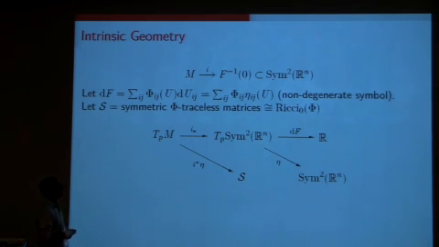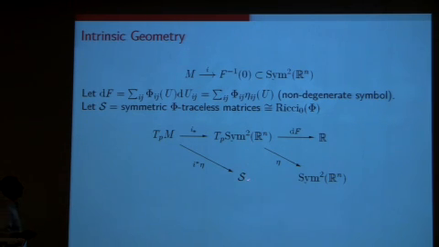df is, of course, the one form whose kernel is the image of T_pM. And T_pM, through this co-framing, is identified as the space orthogonal to the df direction, right? It's the kernel of df.